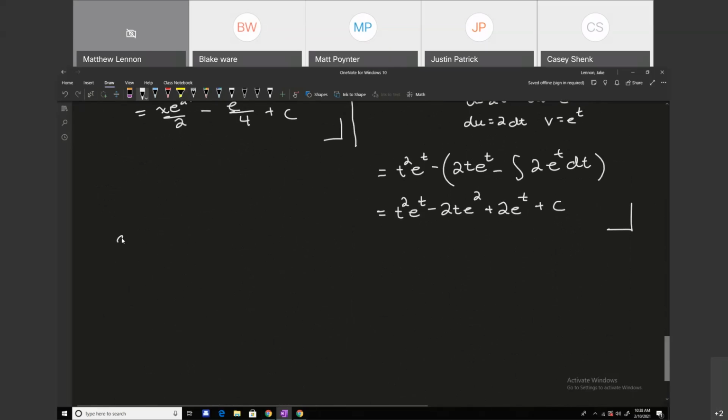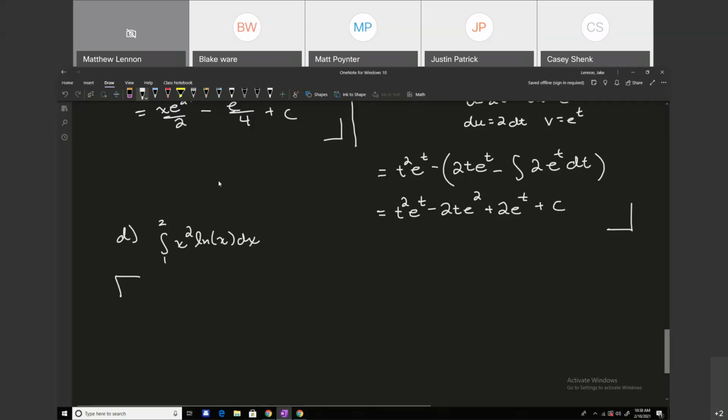So the part D I have here is the integral from 1 to 2 of x squared natural log of x dx. So for this situation, when you have a polynomial and a logarithm, it's actually the reverse of what you choose to be u from when you have a polynomial and an exponential.